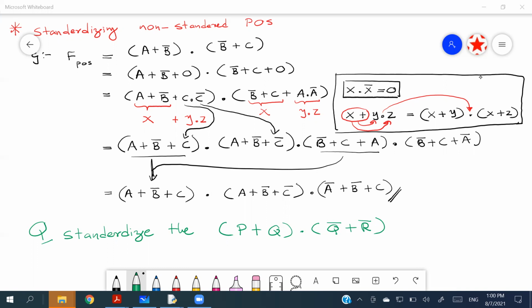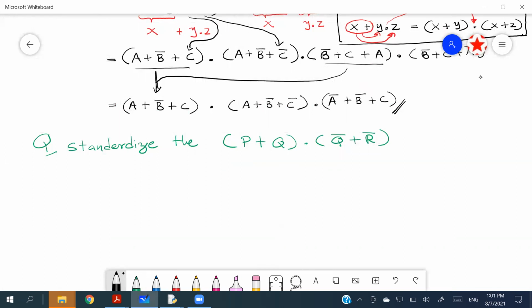But you should remember, when you convert a particular SOP into a POS, you will have some answer. But when you convert that same POS back into an SOP, you may not receive the original one that you had.